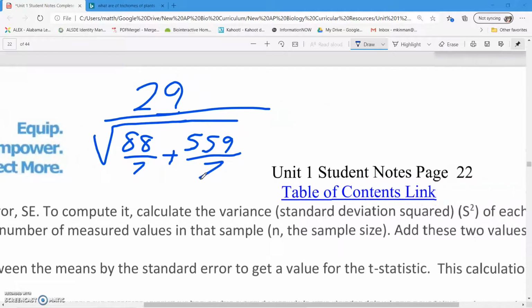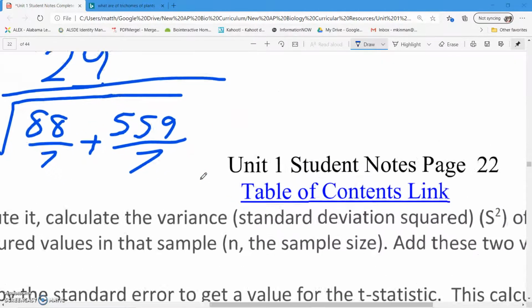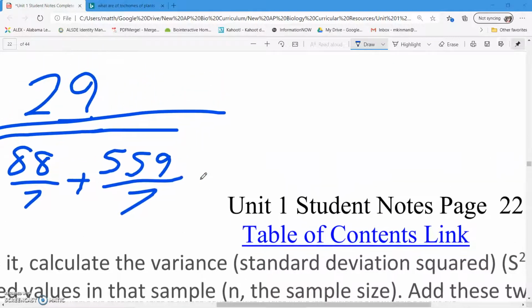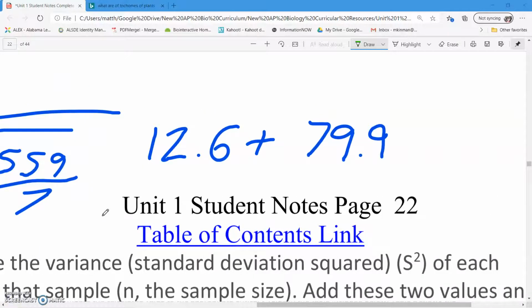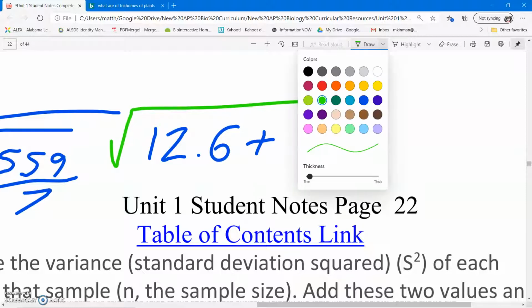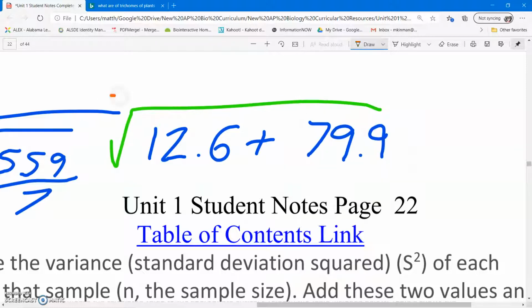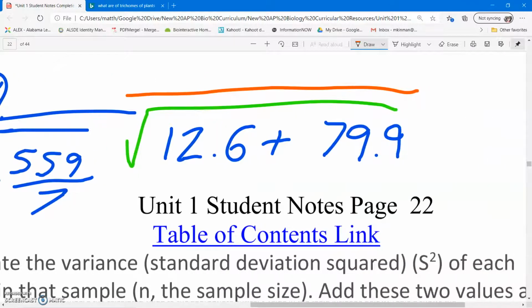So I'm going to come over here to the side just a little bit, zoom in so I have more space. So 88 divided by 7 is, so we have 12.6 plus 79.9, and that is going to be under the square root, which is going to be divided into, we had 29.